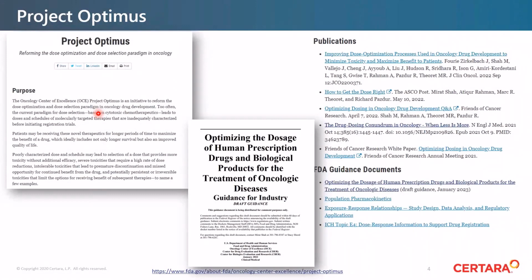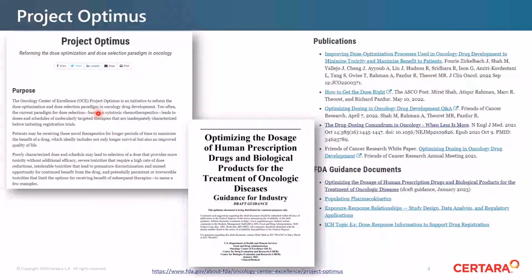Given its objective, leadership for Project Optimus at the FDA is provided jointly by the clinical and clinical pharmacology review functions at the agency. So that's something important to bear in mind as you plan for Project Optimus related discussions and negotiations with the FDA.